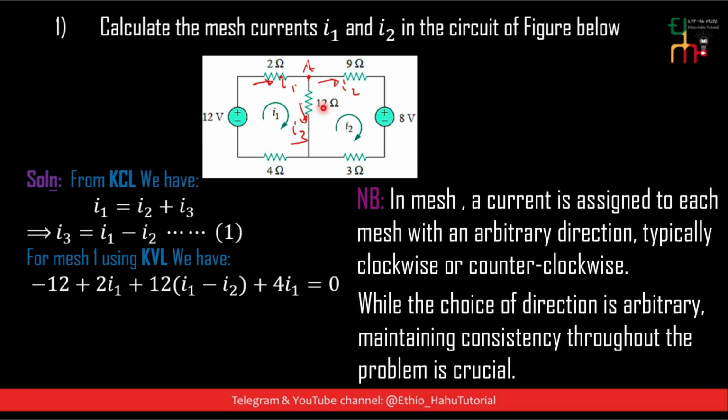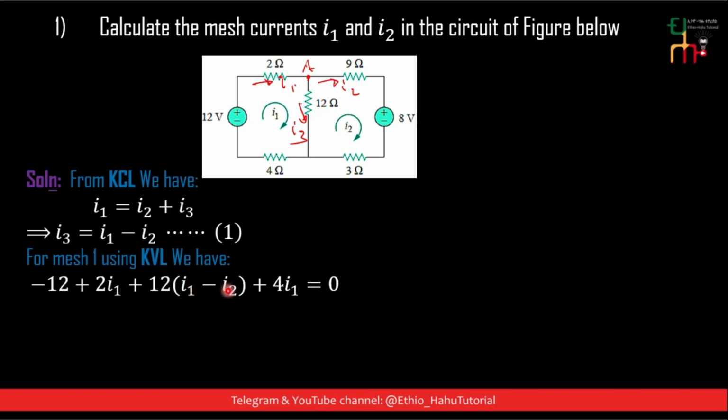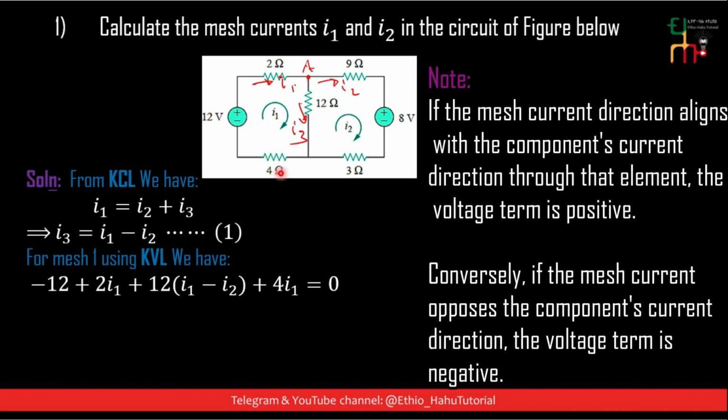The current through this 12 ohm resistor is I1 minus I2, so it becomes plus 12 into (I1 minus I2). The current through this 4 ohm resistor is I1, so we get plus 4 I1, which is equal to 0.